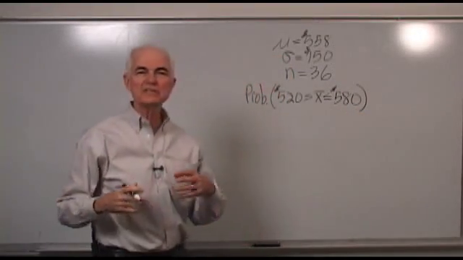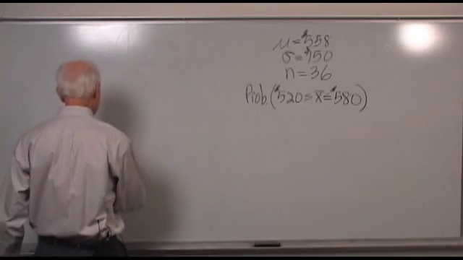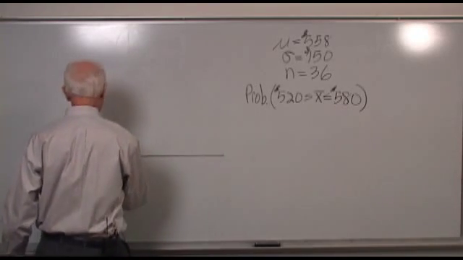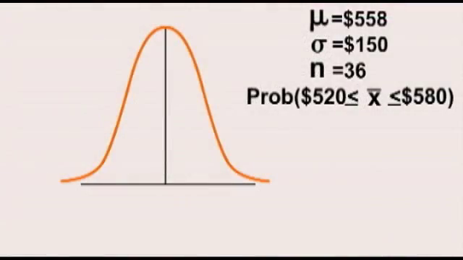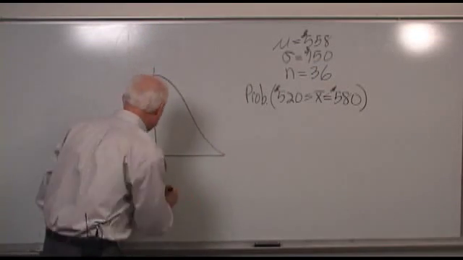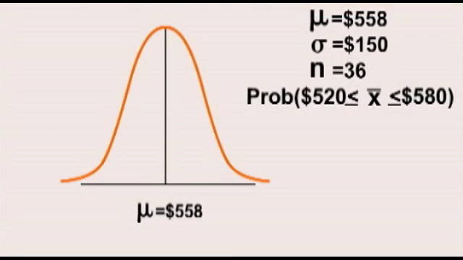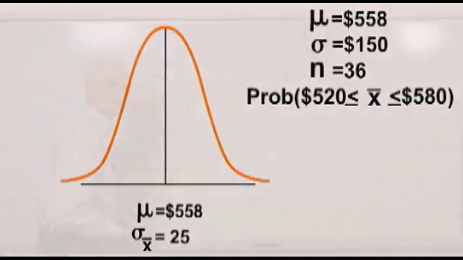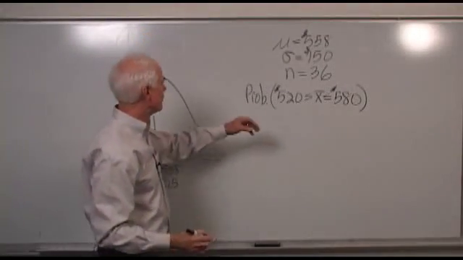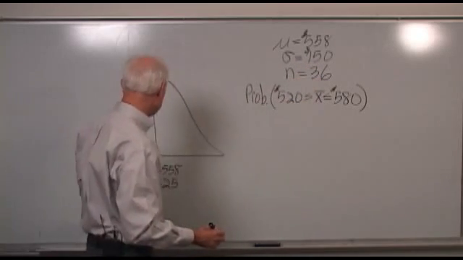In order to better visualize our problem, let's draw a normal curve and sketch in the areas that we're solving for. So we have a normal curve of sample means. The mean of the sample means, which is the population mean, is $558. The standard deviation of sample means is $25, which we solved for before by taking the population standard deviation and dividing by the square root of n.